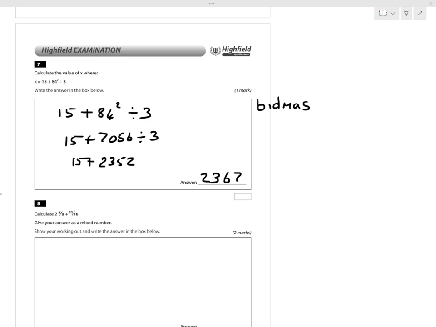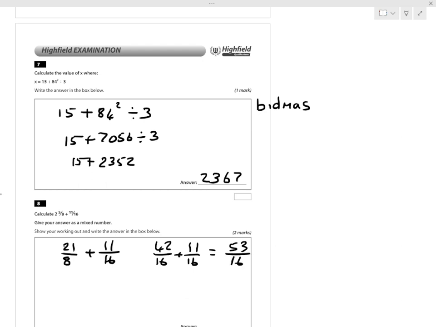Right, calculate that and that. Give your answer as a mixed number. So first of all, let's change this to top heavy. 21 over 8 plus 11 over 16. Make them the same, so double the left one. 42 over 16 plus 11 over 16, which equals 53 over 16.